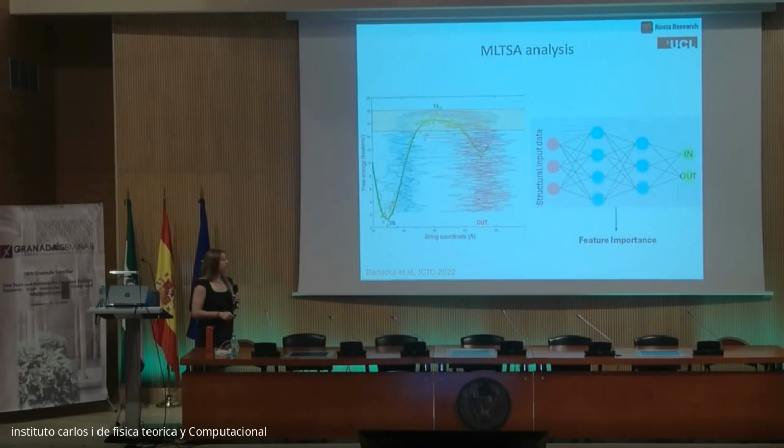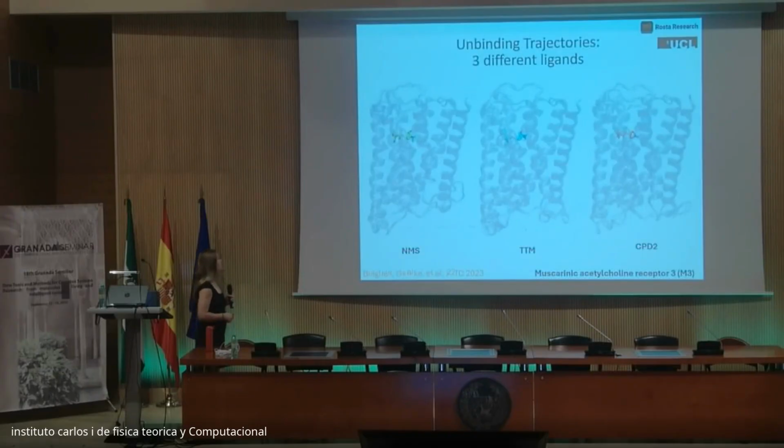And then we ask what kind of feature importance is derived from this, to help us understand what was the key interaction that the drug was making with the protein. So just to give you one example, this was a GPCR protein, which is very important for drug discovery.